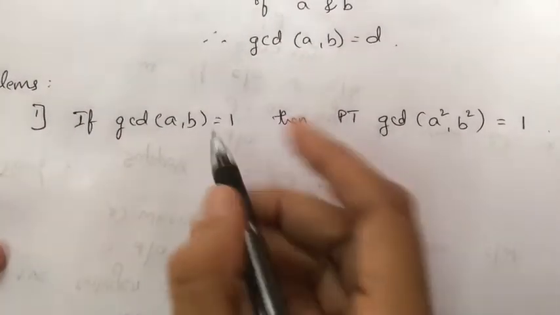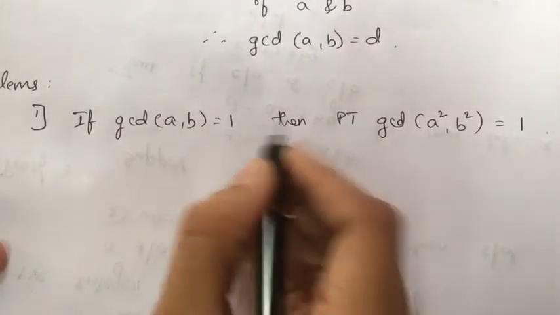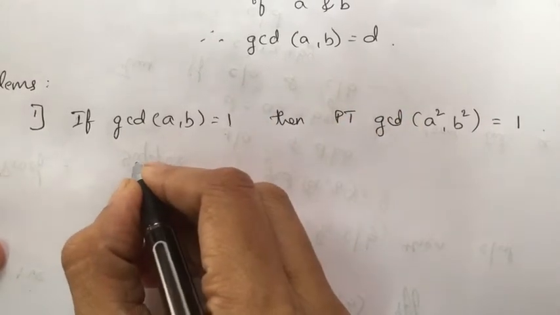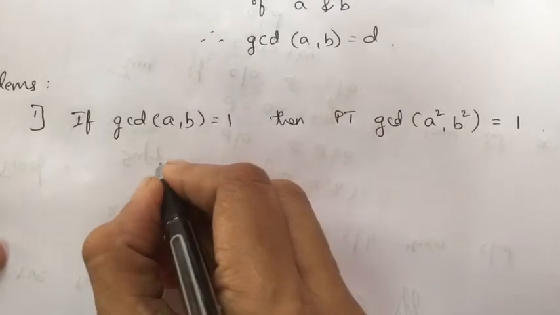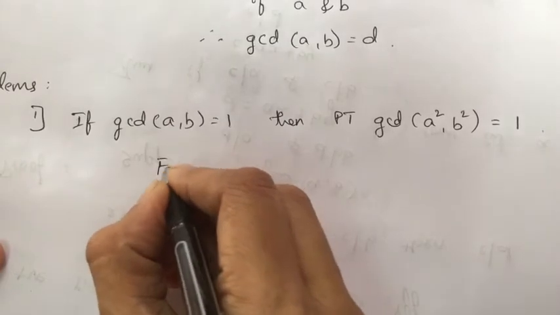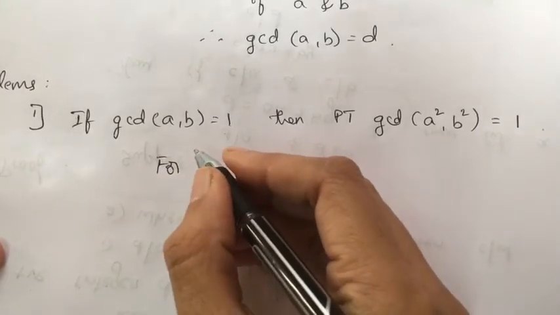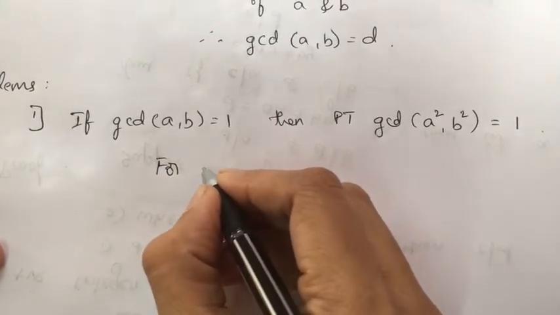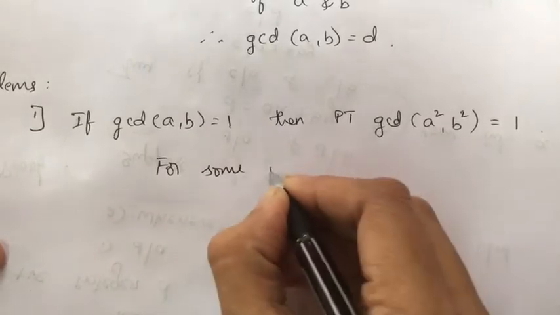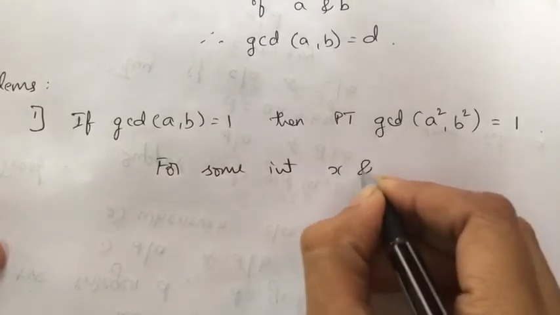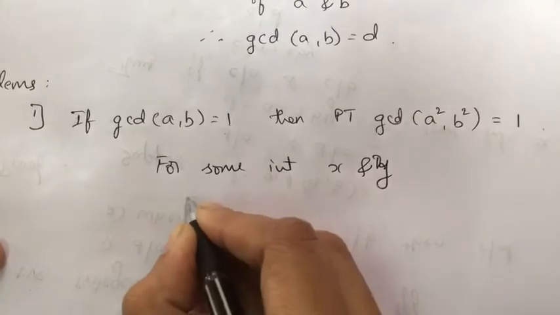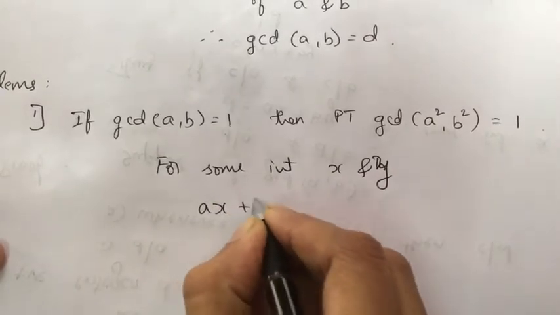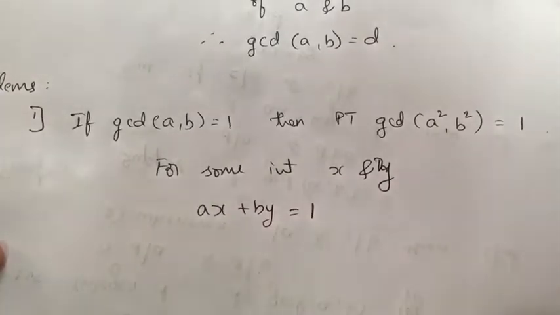So it is mentioned GCD of a and b is 1. So for some integers x and y, I can write ax plus by equal to 1.